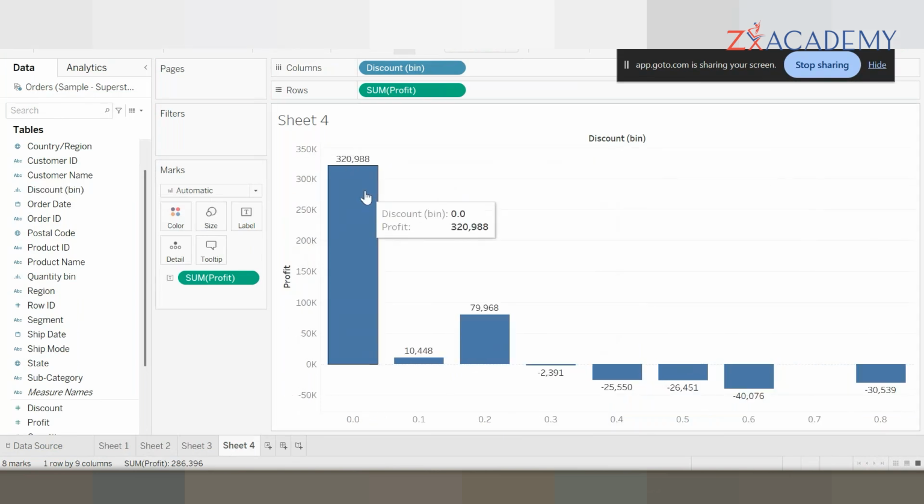So you can see 3 lakhs 21,000 profit we have got when we have sold with less than 10% discount. With 10% discount, might be the sales are low, 10,000 profit. With less than 30% around there, again 80,000. When you sum this up, it is almost 4 lakhs 10,000 profit we are able to get. But when you're selling more than 30% discount, we have never seen a profit. It is always in a big loss.